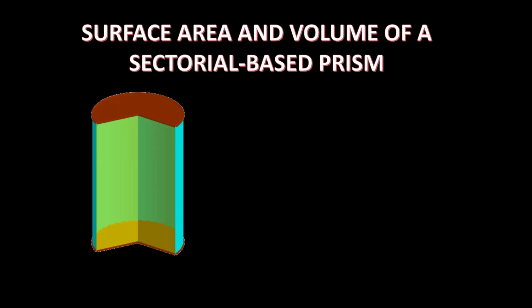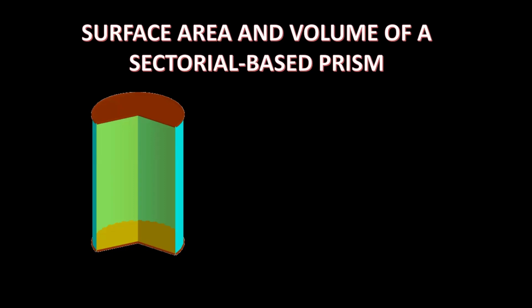So what it means is that part of a cylinder has been sliced off to give us the pattern that is on our screen now, guys. So when we have this pattern and we are required to find the total surface area and the volume of this particular prism, how do we go about it?